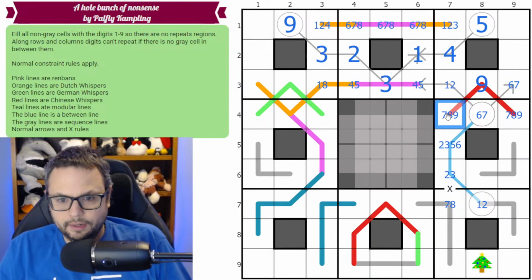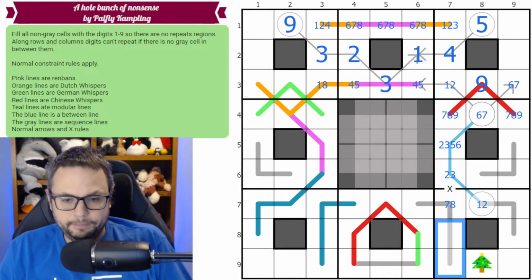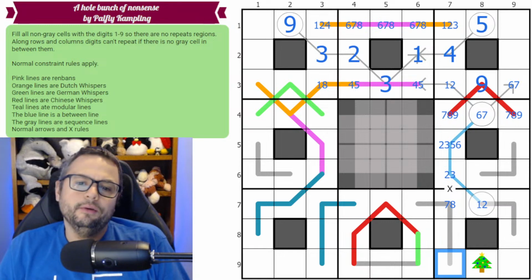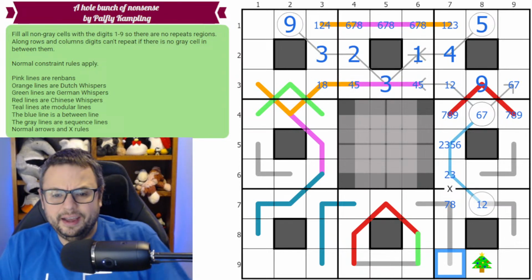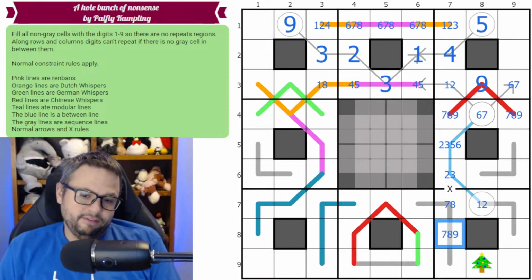Along here. And there is another 7, 8, 9 along here, actually. And it can't go there. This can't be a 7, 8, 9, because if it was, this one would be between them. So this is the 7, 8, 9.